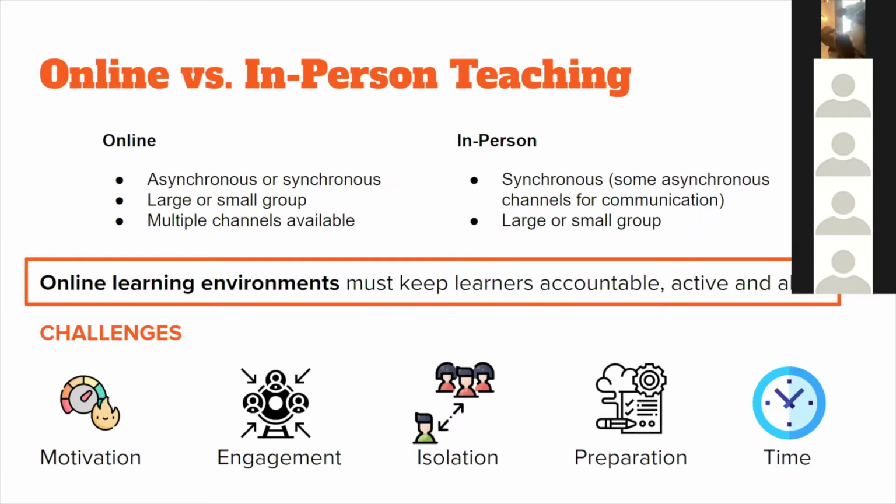Online teaching, as you've probably figured out, is either asynchronous or synchronous, which means that you either need to be there in the moment with the learners, or you can pre-record and pre-curate content and resources and provide them to your learners as required. In online education, you can do either large or small group sessions, and typically you have multiple options for different software, tools, and channels.